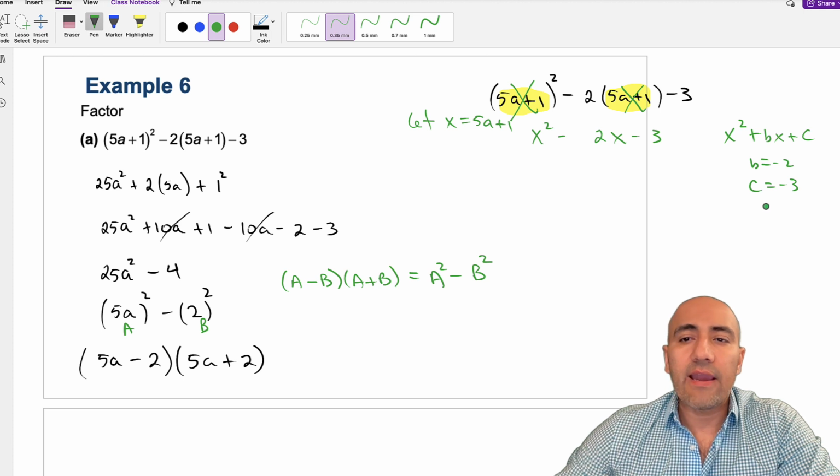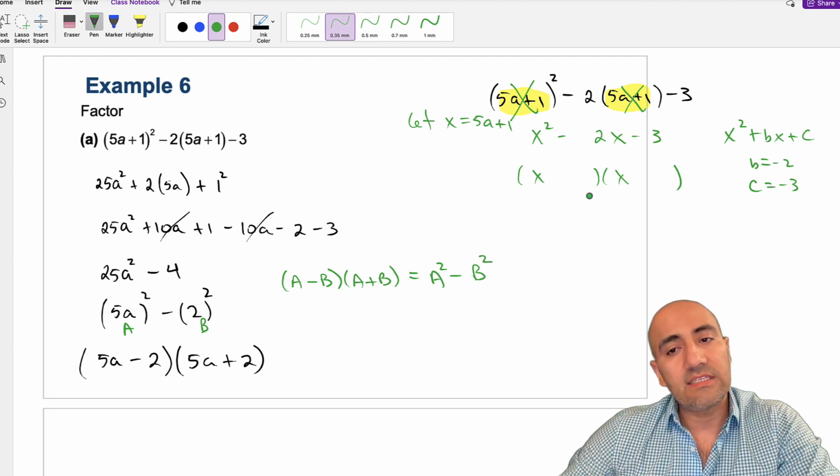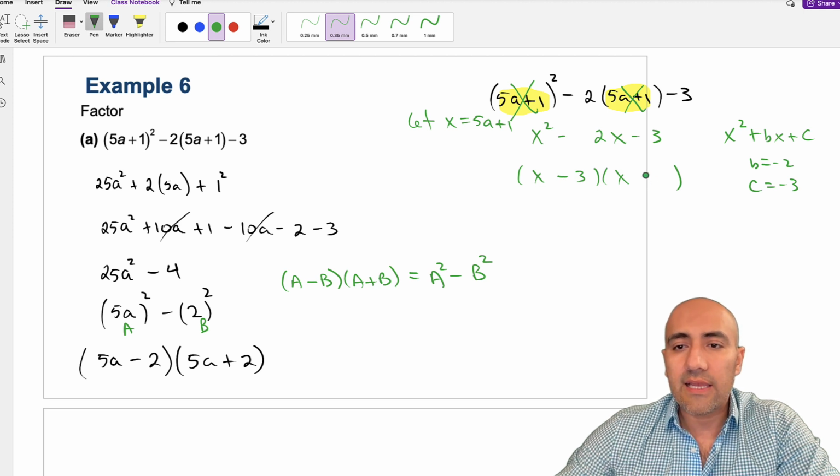So we know that if we find two numbers that multiply to -3 but add to -2, we'll find our answer. So this will be x plus blank and then x plus blank there. Two numbers that multiply to -3 but add to -2. Those are easy ones, so they might come after just guessing and checking a couple of things. But that has to be -3 there, and this has to be +1 there.